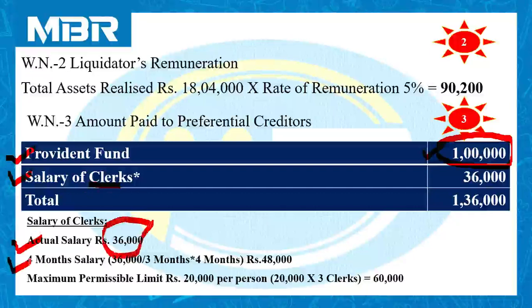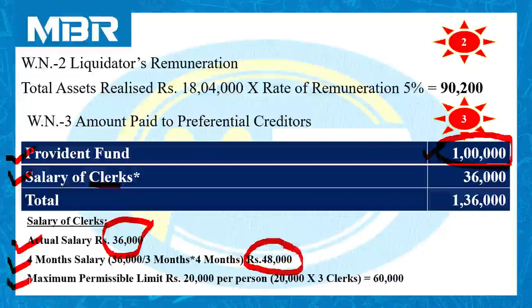Second option, 4 months salary. In our question, this 36,000 is given for the period of 3 months. So if we calculate salary for the period of 4 months, 36,000 divided by 3 months multiplied by 4 months. It is simply a cross multiplication. So this amount comes to rupees 48,000.